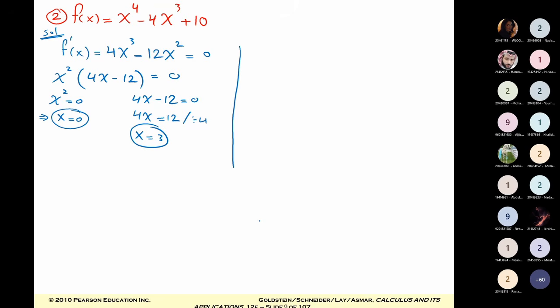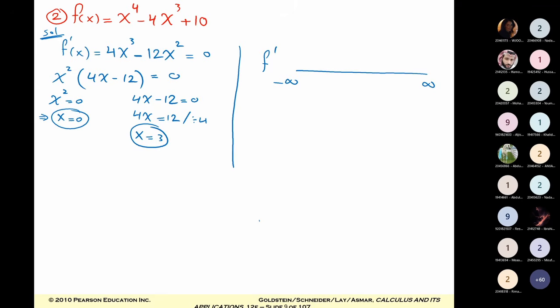The second step: we need to find the sign of f prime. Pay attention, those who did not understand how the second step works. f prime from minus infinity to infinity.